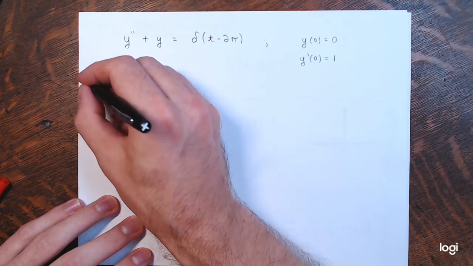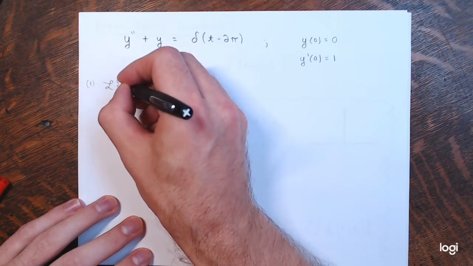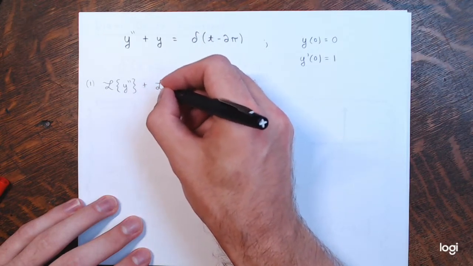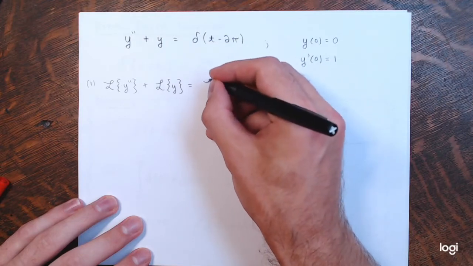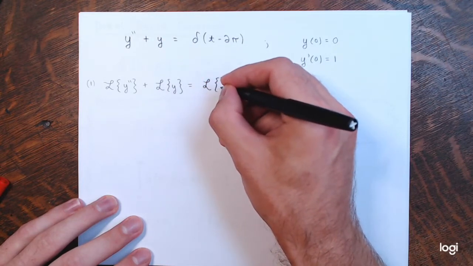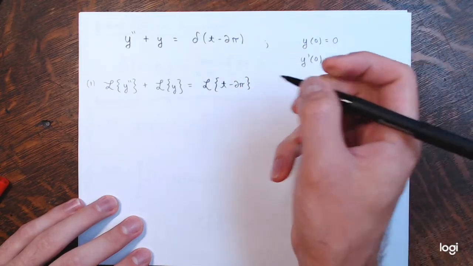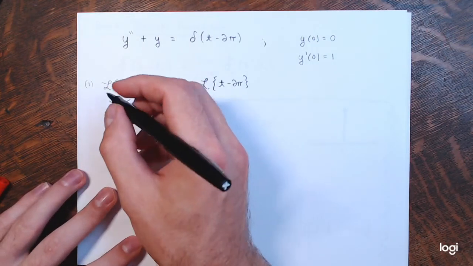All right, so first, the Laplace transform of both sides. So I got the Laplace transform of y double prime plus the Laplace transform of y equals the Laplace transform of the delta function at t minus 2 pi. Now hopefully you remember the Laplace transforms of derivatives.